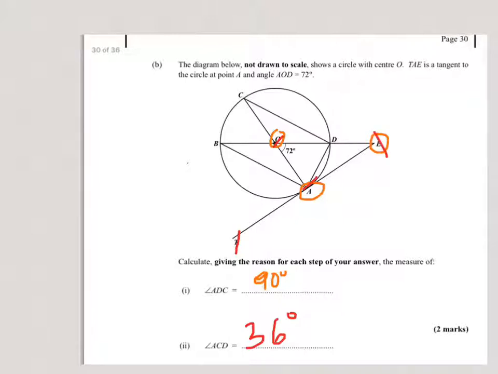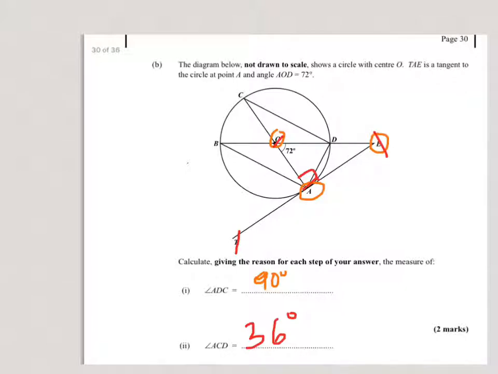is a tangent. Now, wherever a radius meets a tangent at the point of contact, that angle measures 90 degrees. So again, A is 90 and O is 72. We add 90 and 72 and our answer is 162.